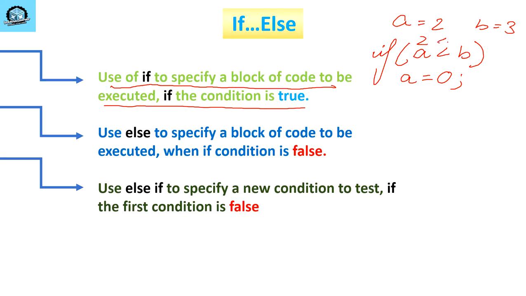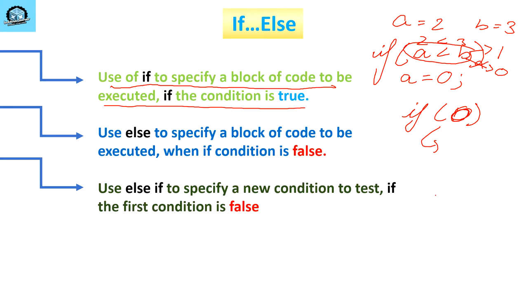A is 2, 2 is less than 3, this condition is true, so it will return 1. If this condition is false, it will return 0. If we are having 1, it will go inside the if. If we are having 0, it will not go inside the if. Okay, so that thing is specified here.